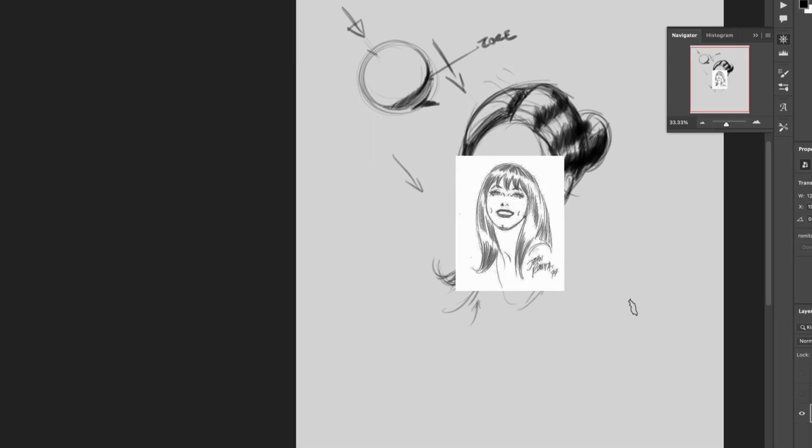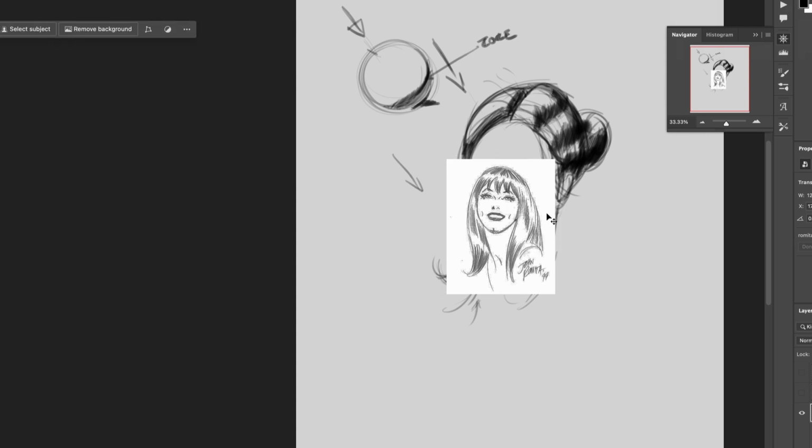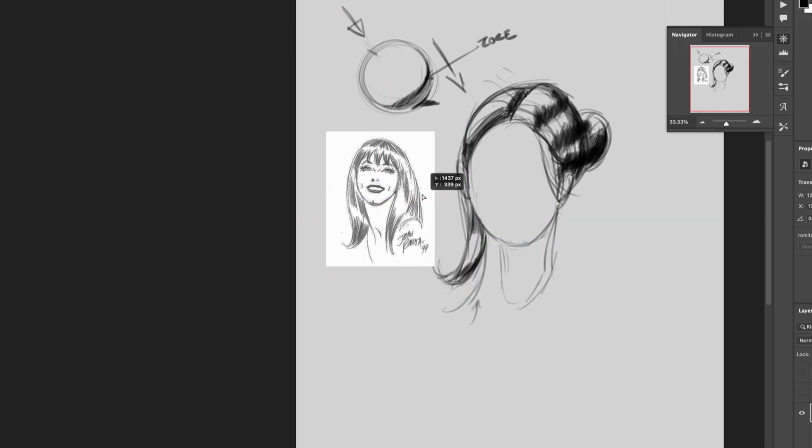All right. So this is a sketch by John Romita.